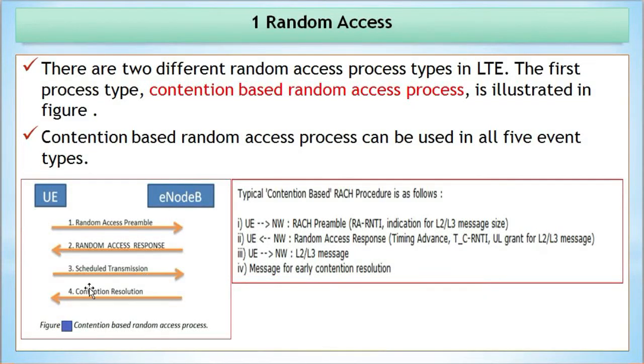Now the UE sends the scheduled transmission message. Here you can see the L2, L3 message, and again in response the eNode B gives a contention resolution message, which is the fourth one, the message for early contention resolution. Okay, this is the figure of the contention based random access process.